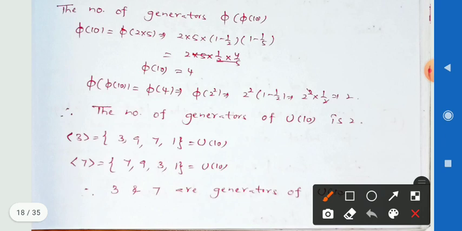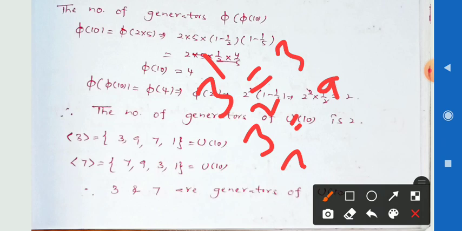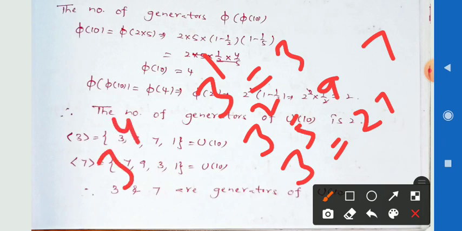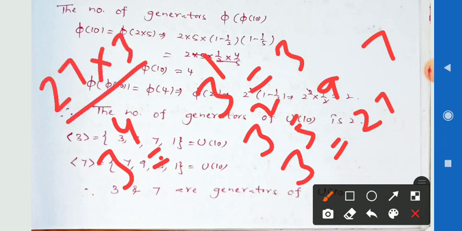Multiplication modulo 10 means 3 power 1 value is 3, 3 square value is 9, and 3 cube value is 27. By dividing 27 by 10 we get 7, and 3 power 4 is 27 into 3, which is 81. By dividing by 10 we get the value 1.